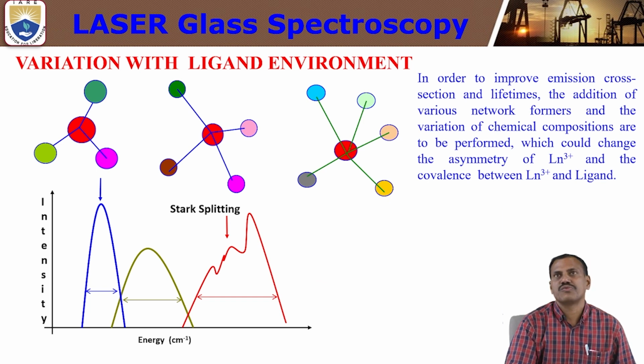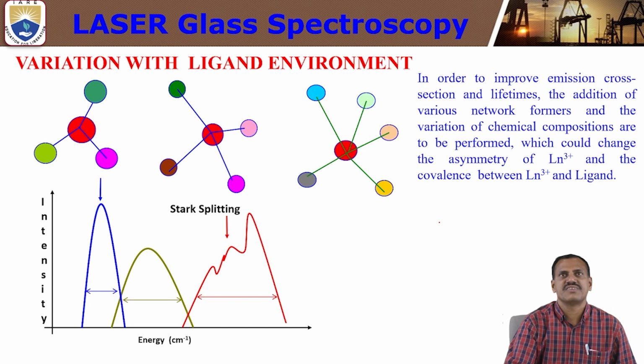In order to improve the emission cross section and lifetimes, the addition of various formers and various chemical compositions should be performed, which could change the asymmetry of lanthanide ions and the covalence between the lanthanide 3+ and ligands. So the ligand plays an important role in this ligand environment.